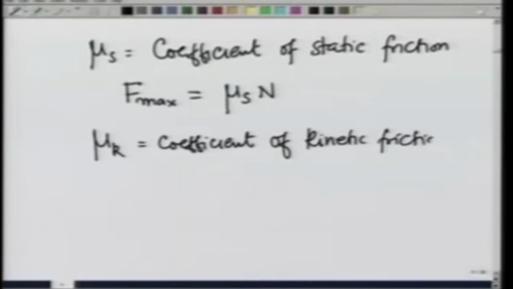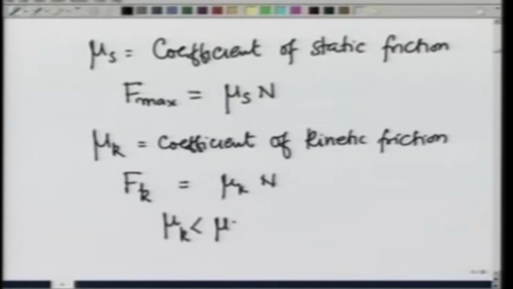So, when the body is moving, the frictional force, I will call it F kinetic, is equal to mu k times n, and it is observed that mu k is less than mu S.